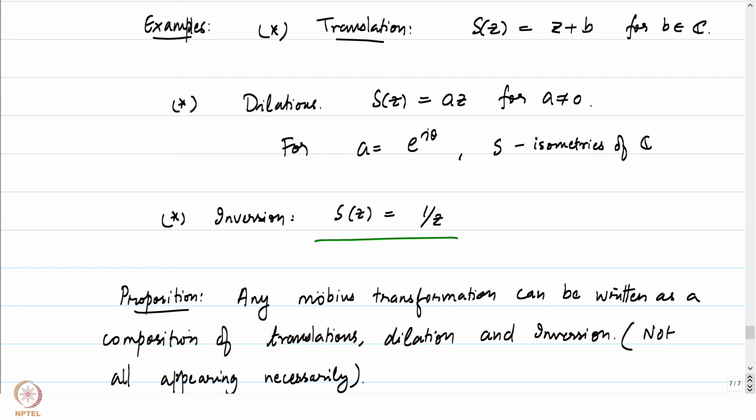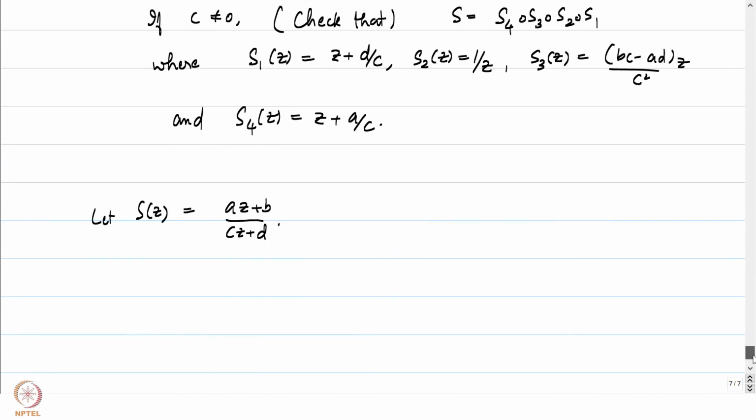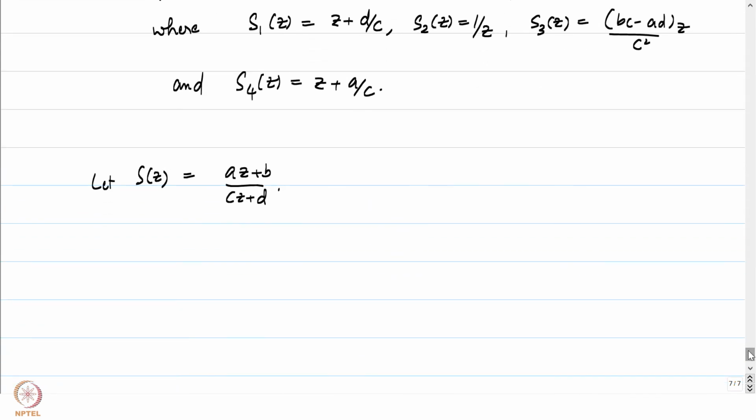And how about S of Z equal to 1 by Z? Here Z will turn out to be equal to 1 by Z, which implies that Z is equal to plus or minus 1. In all these cases, we will notice that we are ending up with a quadratic polynomial, and that's going to be the case with a general Mobius transformation as well.